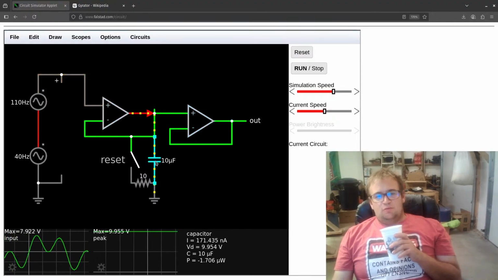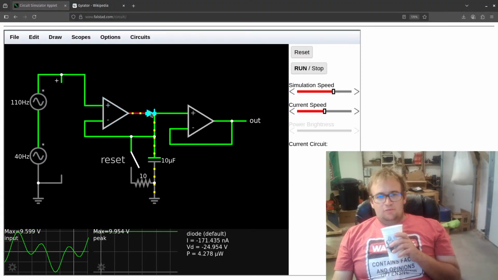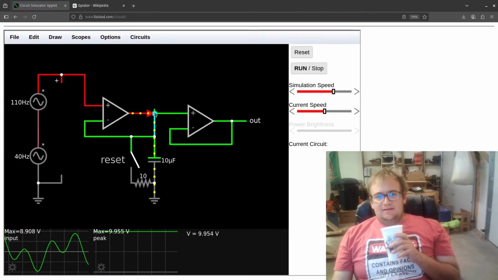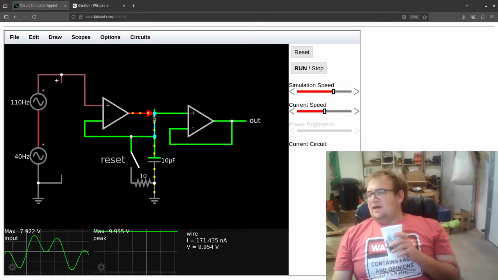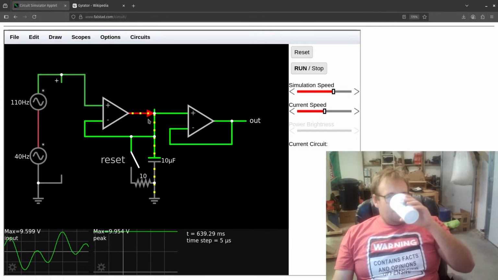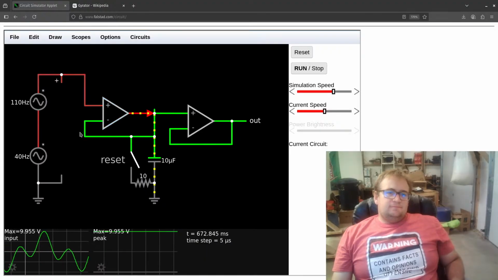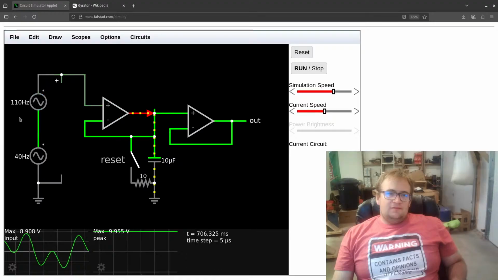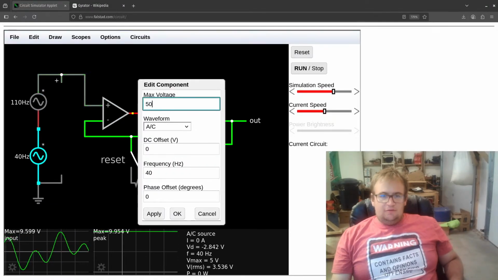This capacitor will quickly charge to whatever this starts outputting. And then as soon as it's charged to that, if this starts outputting anything less, this diode blocks it. Let's just keep upping it here. Go 50.